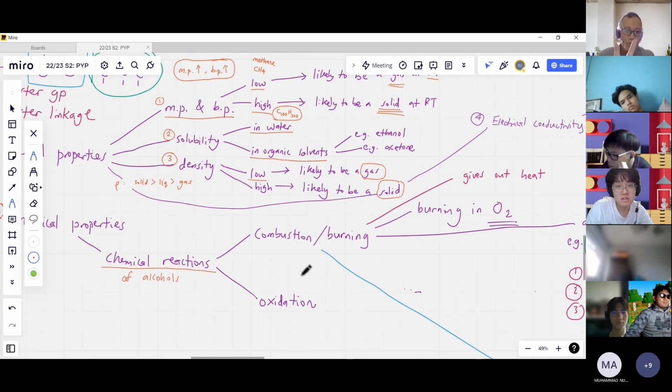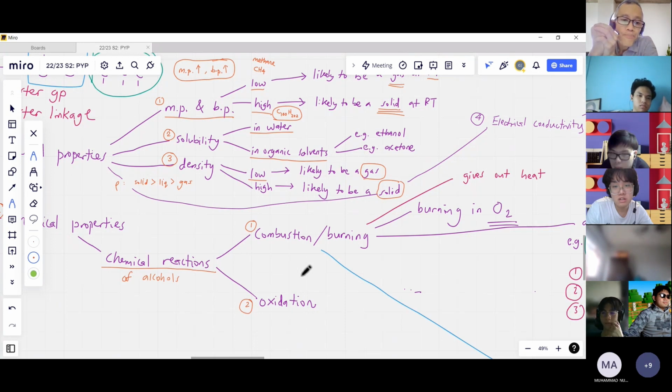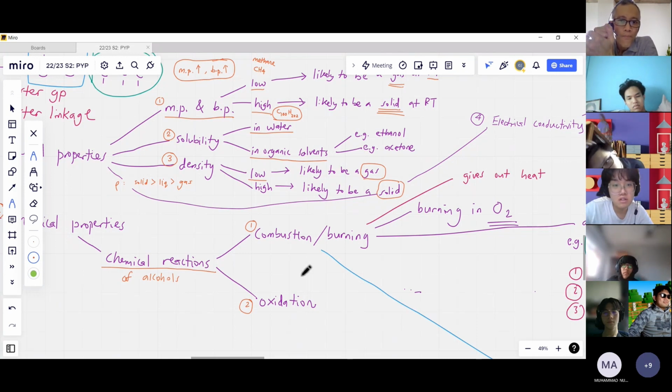There are only two, maybe two major ones. First is combustion. Second is oxidation. So I repeat, for alcohols, two chemical reactions you have to know, or two types you have to know. One is combustion, one is oxidation.